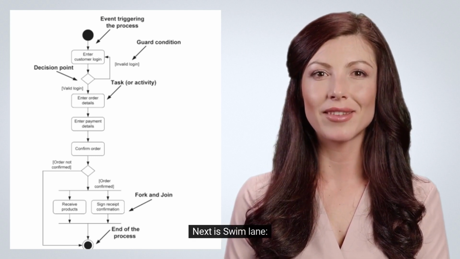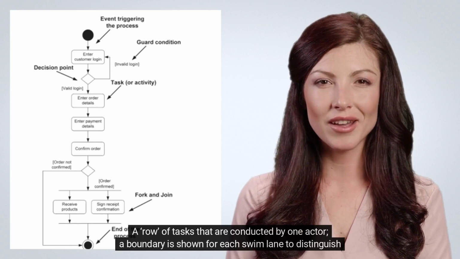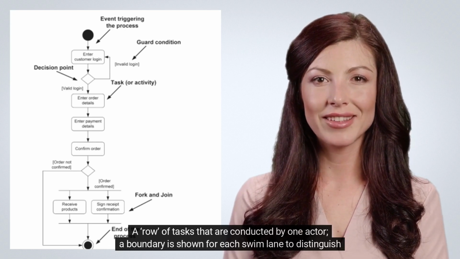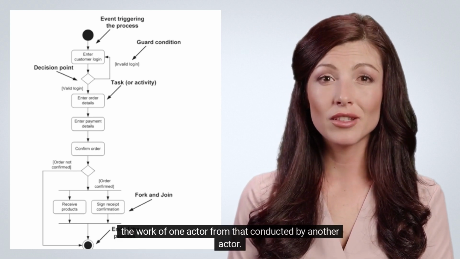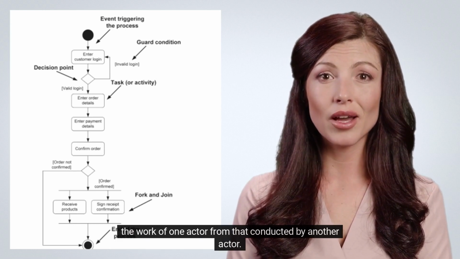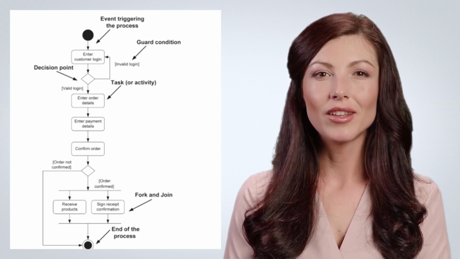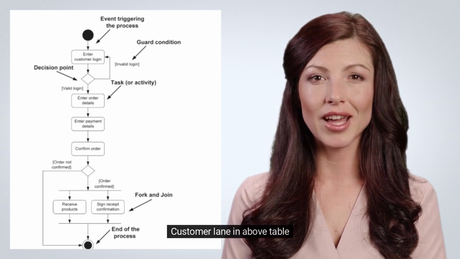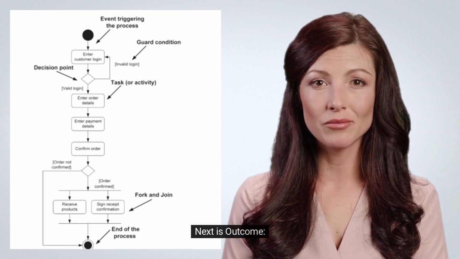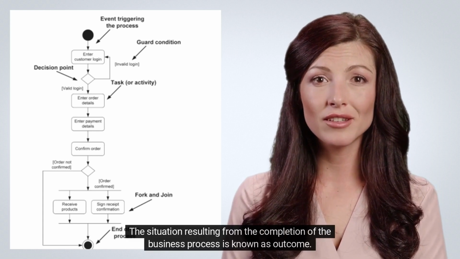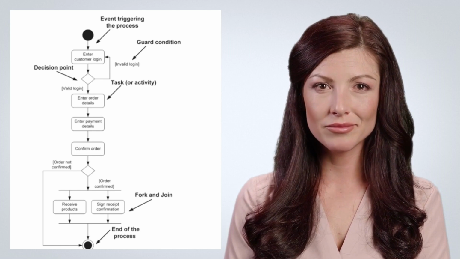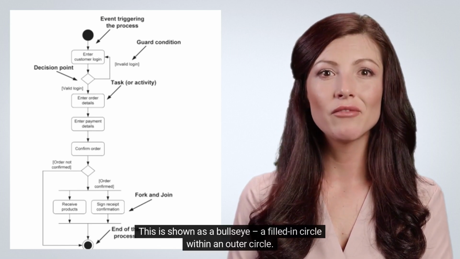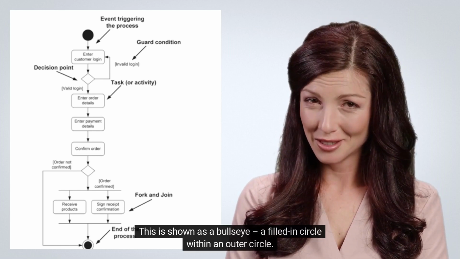Next is swim lane. A row of tasks that are conducted by one actor. A boundary is shown for each swim lane to distinguish the work of one actor from that conducted by another actor, e.g., customer lane in above table. Next is outcome. The situation resulting from the completion of the business process is known as outcome. This is shown as a bullseye, a filled-in circle within an outer circle.